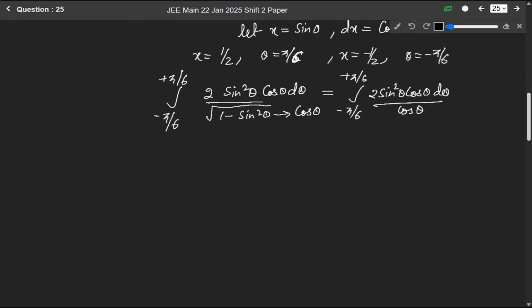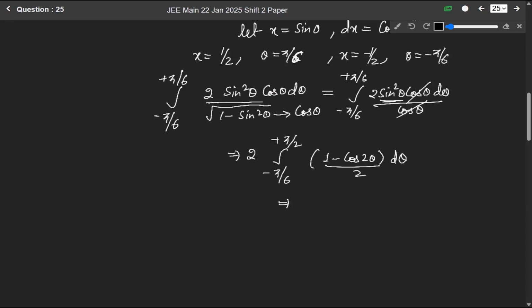Okay. So it will be equal to, taking 2 outside, the integral from minus pi by 6 to plus pi by 6 of sine square theta. We can write sine square theta as 1 minus cos 2 theta divided by 2, into d theta. Okay. So this will be equal to 1 minus cos 2 theta over 2. So 2 cancels out.